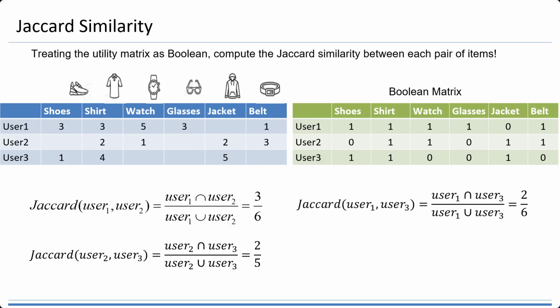What about the user 1 and user 3? The user 1 and user 3, okay, we have 1, 2, and the remaining is not intersect. So we have 2 out of 6. Okay, you can check the user 1 and user 3. So this is the Jaccard similarity between 2 users, and we have the 3 users data.